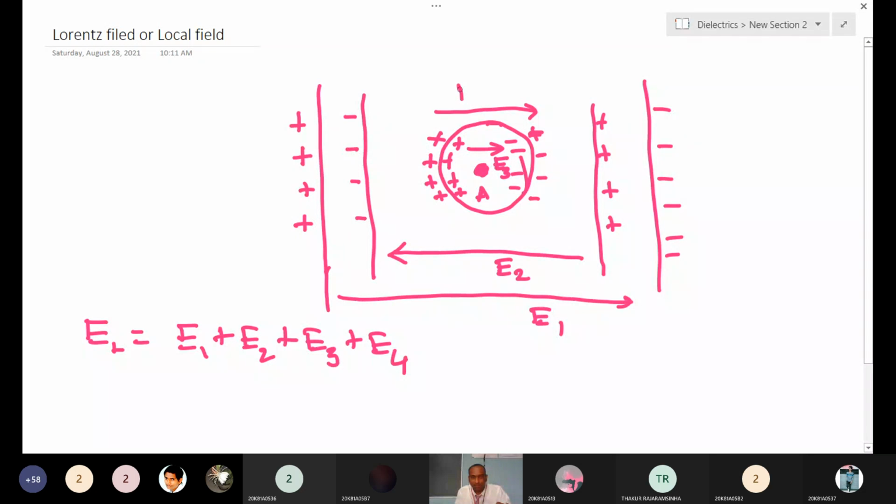So four types of fields act on a dielectric atom. This total field we call the local field or total field.